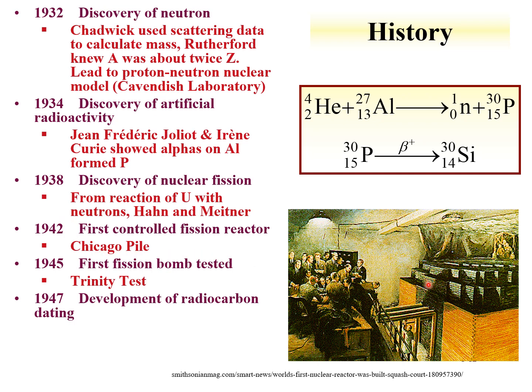It was called the Chicago Pile. 1945 was the Trinity test, where the first plutonium device was tested. And then 1947, radiocarbon dating was explored as a way of dating material. So within this period, the artificial radioactivity was a rather large advancement, showed that isotopes that are somewhat different could be formed.